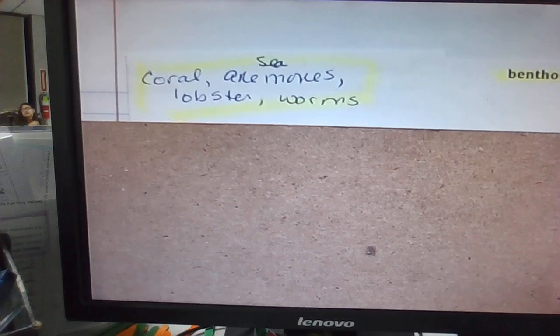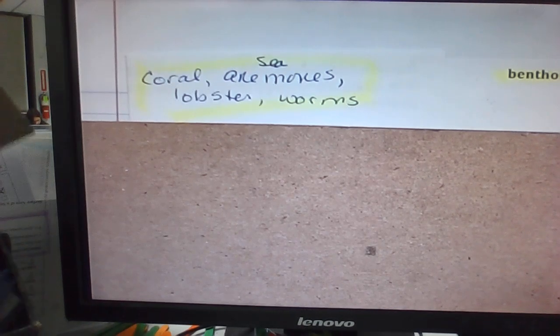Grab yourself a highlighter, highlight the term benthos. Box in the examples of benthos so that we know that they go together.